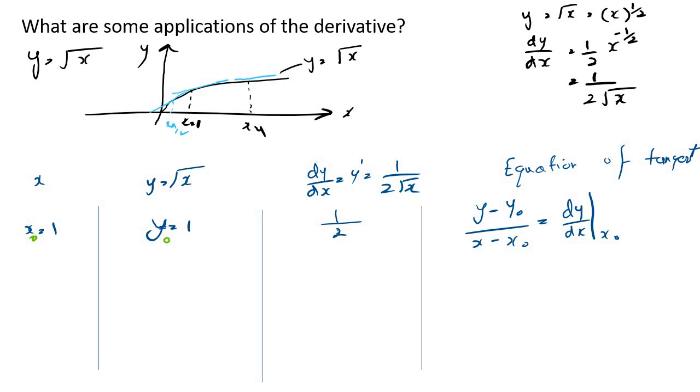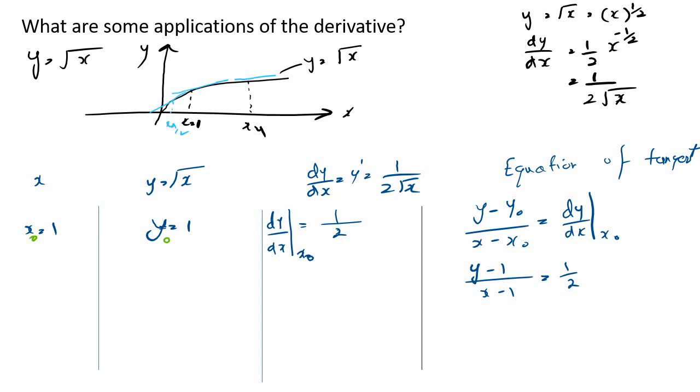So we can write it as y minus 1, y0 is 1, over x minus 1 equals the gradient at x0, which is half. We can also write this as dy over dx at x0, because we substitute 1 here, which is x0.